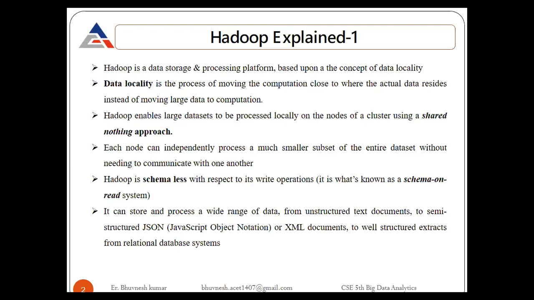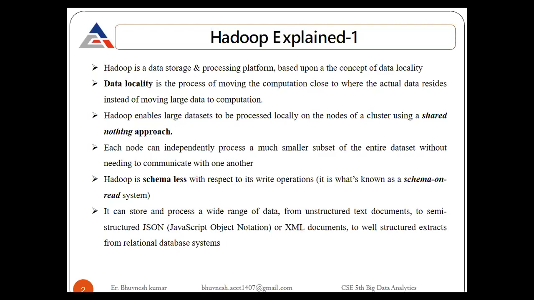That is what this line means: processed locally on the nodes of a cluster using a shared nothing approach. They are not sharing with each other; they are only collecting, analyzing, and processing the data on their local positions.